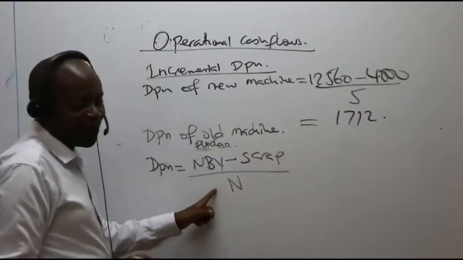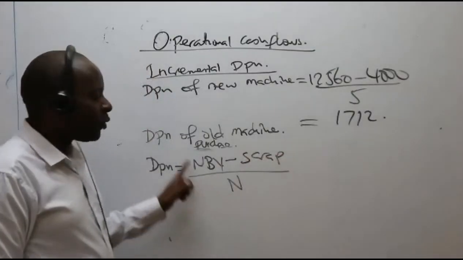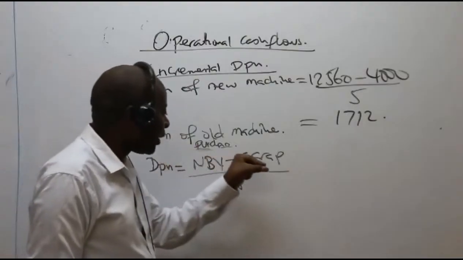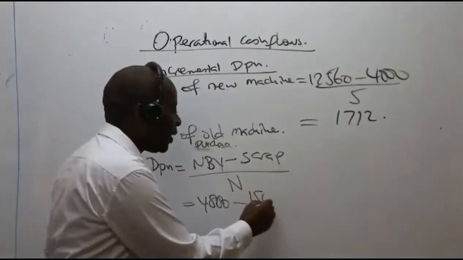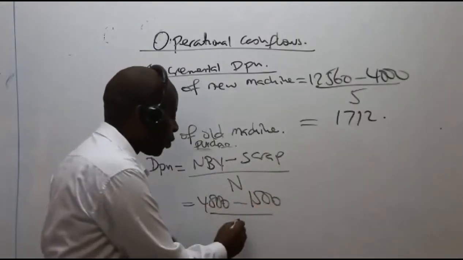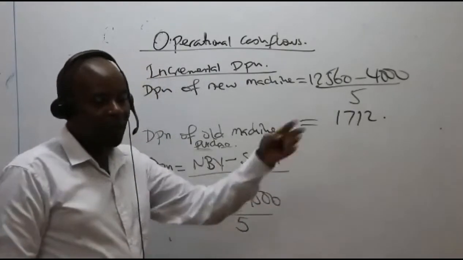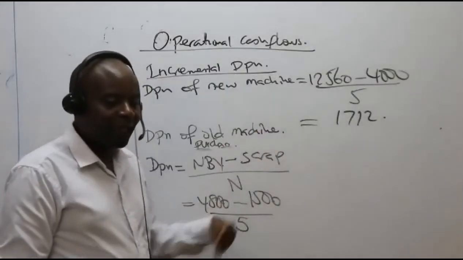So net book value as at the time of changing the period is 4,800 minus the scrap, which is 1,500, all over n, which is 5 years from today, moving forward.